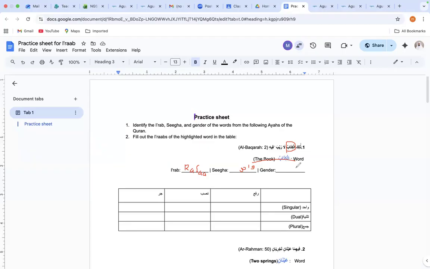Masculine. So for masculine, you will say muzakkar. Muzakkar in Arabic means masculine. And here muannas. Muannas means feminine word. You can maybe note it down while you're solving. It will help you to recall it, inshallah.